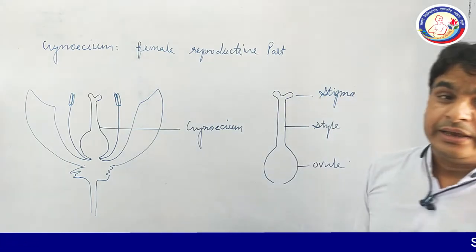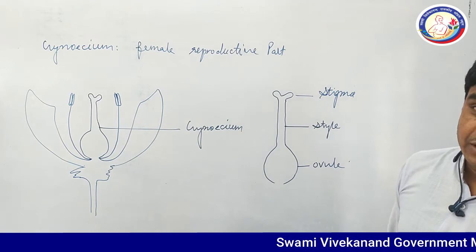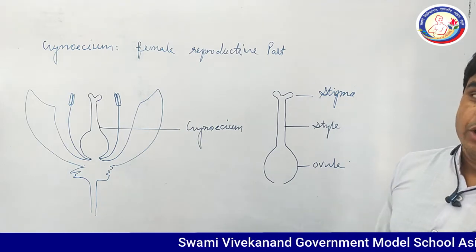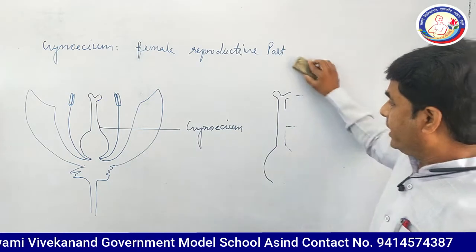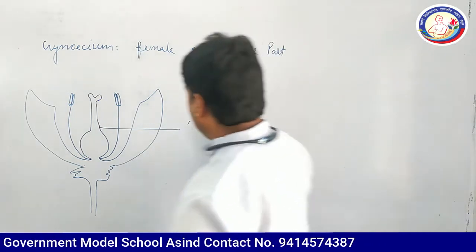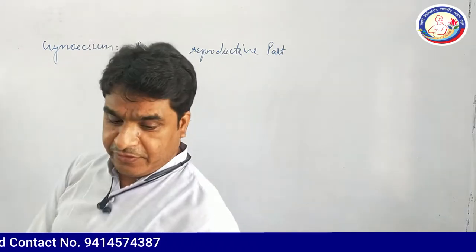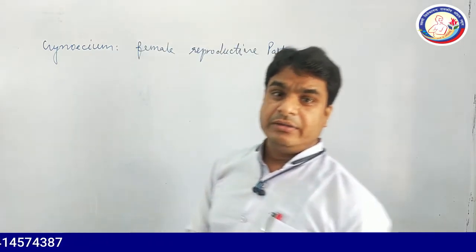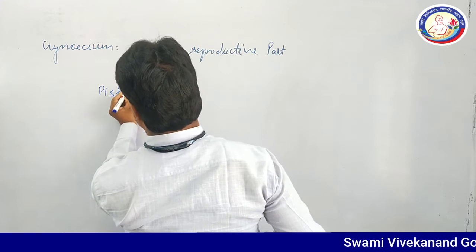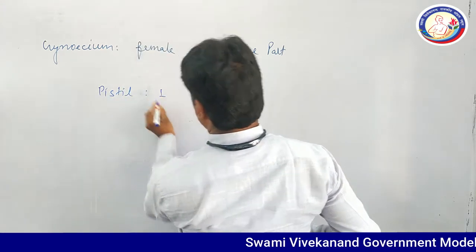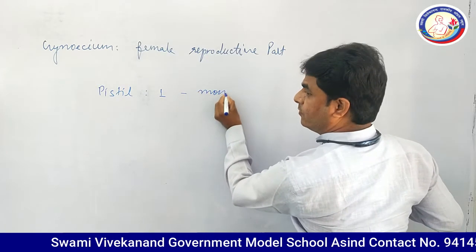Now the gynoecium may be made of a single pistil, two pistils, or more than two pistils. So the name is given according to the number of pistils. If the number of pistils is 1, then it is known as monocarpellary.